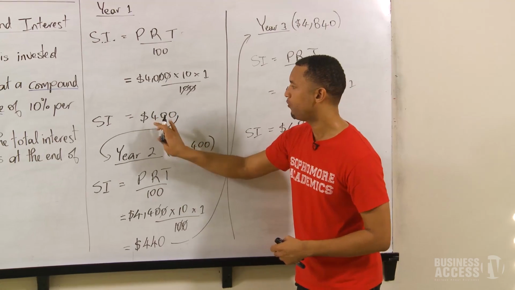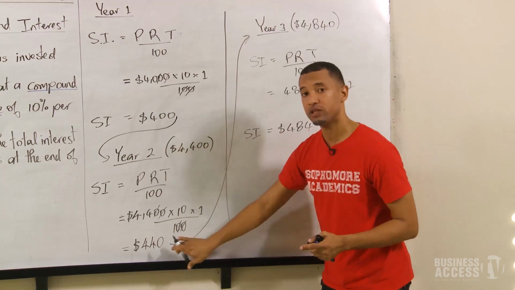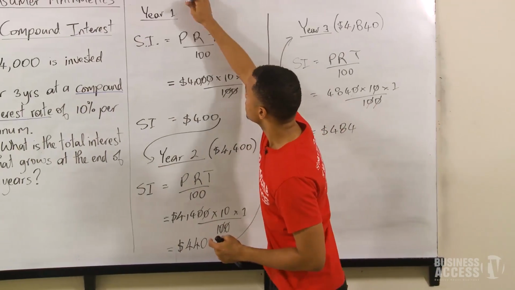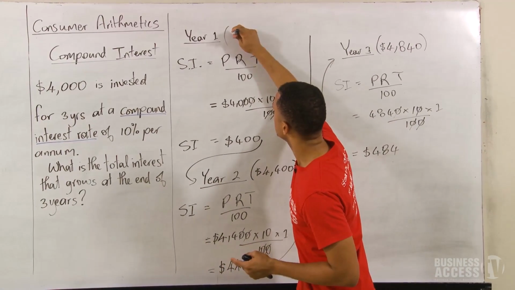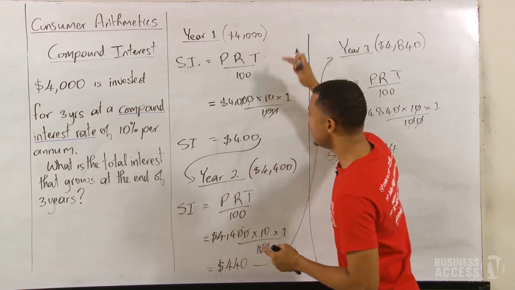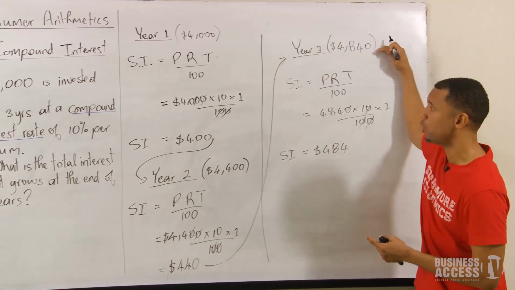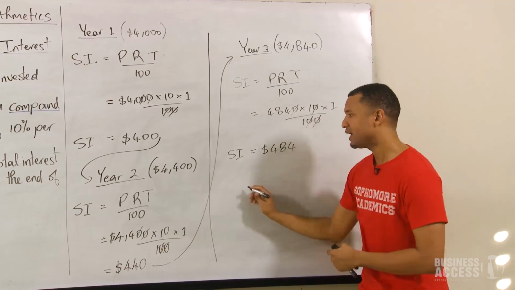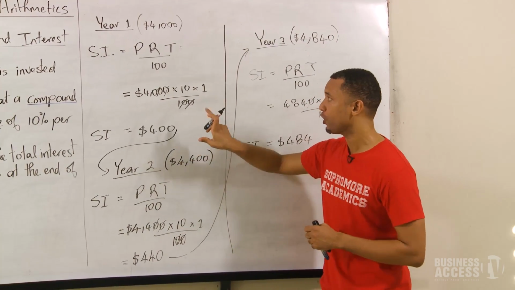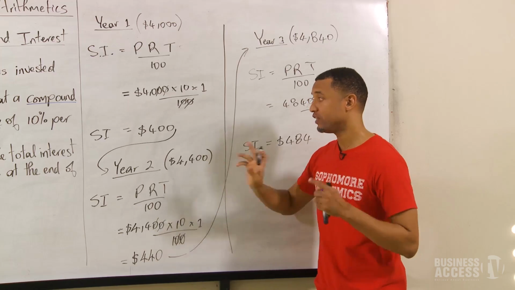From $400 in year 1 to $440 in year 2 to $484 in year 3. Year 1 we started off with $4,000, and each year we started off with a new amount which was larger and larger.